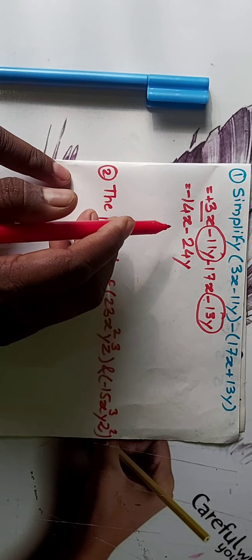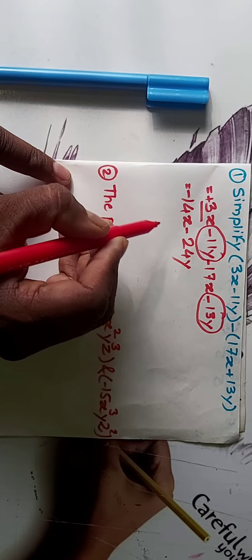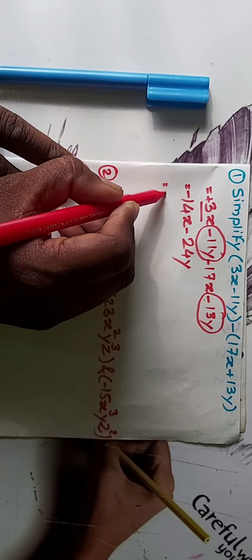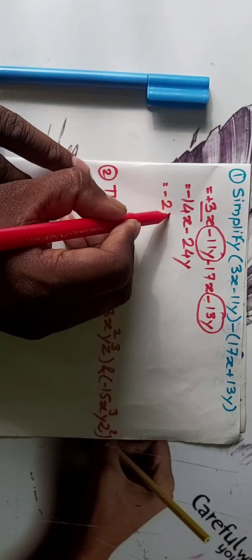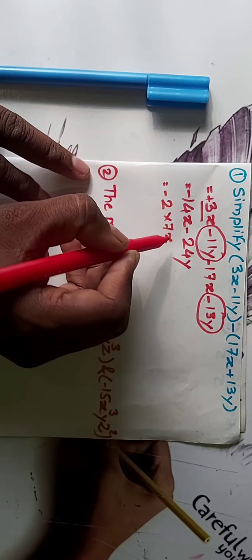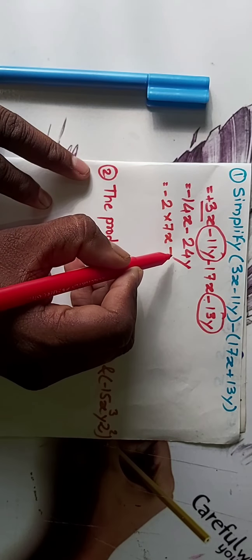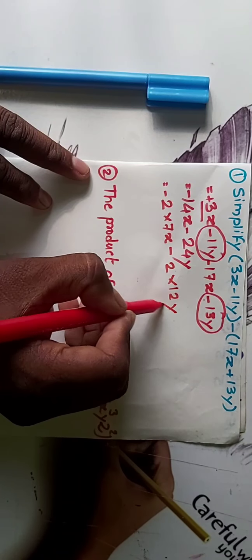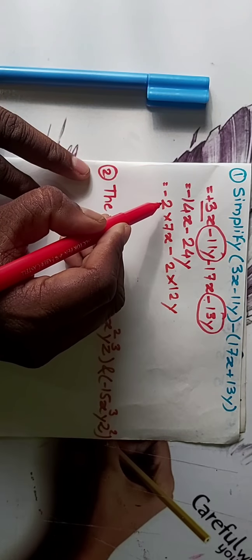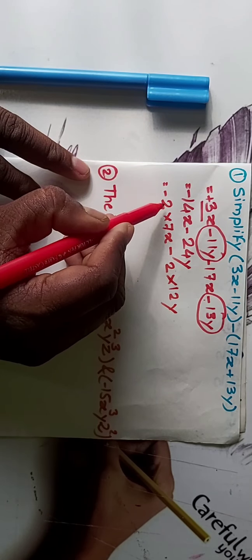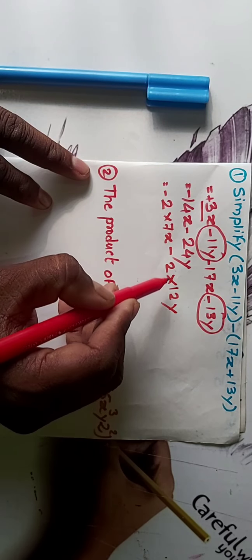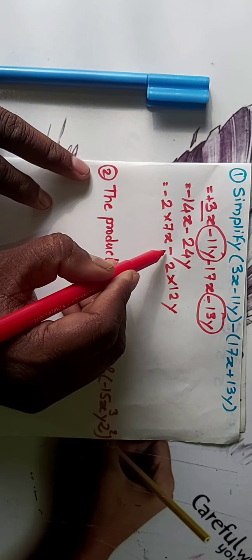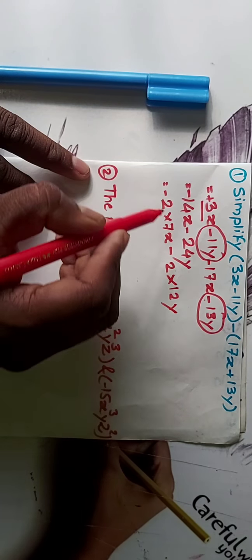Now here students, if you see this 14, how do I split it? Minus 2 multiplied by 7x, minus again 2 multiplied by 12y. Then what is the answer? 7 times minus 2 is minus 14x, and 2 12s are 24, minus sign, so 24y.